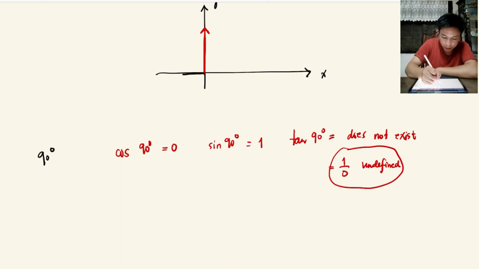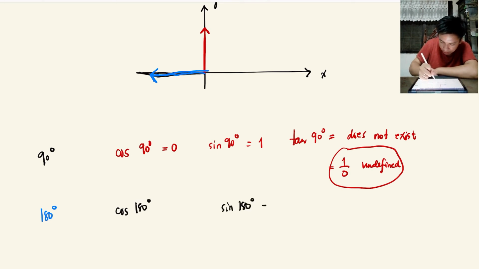And now, let's talk about 180 degrees. So that means that the ray lies here. So the cosine of 180 degrees and the sine of 180 degrees. In this case here, the sine value is 0. Why? Because the distance from the origin to any vertical position is 0.